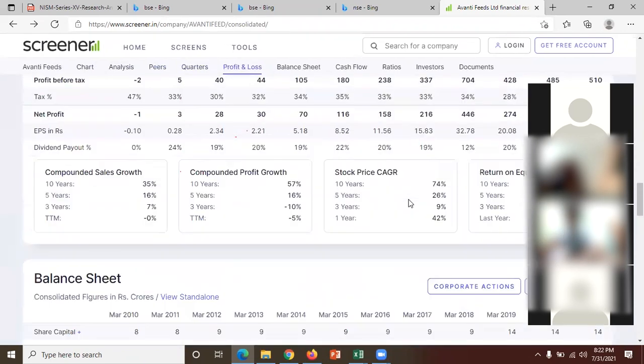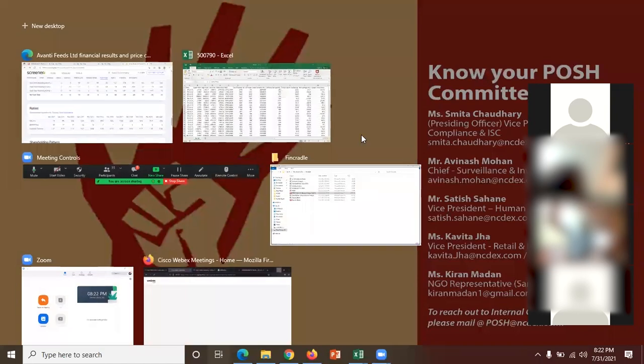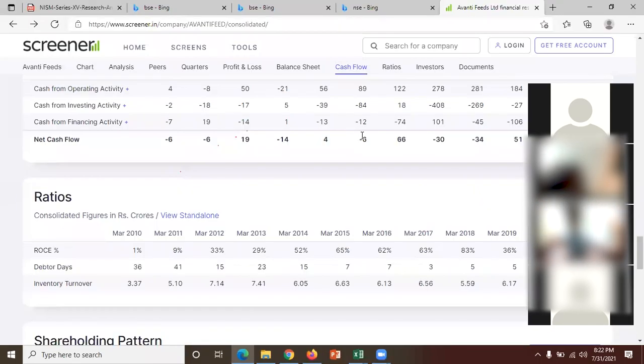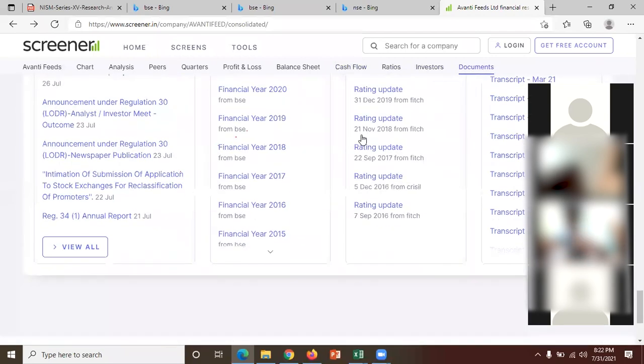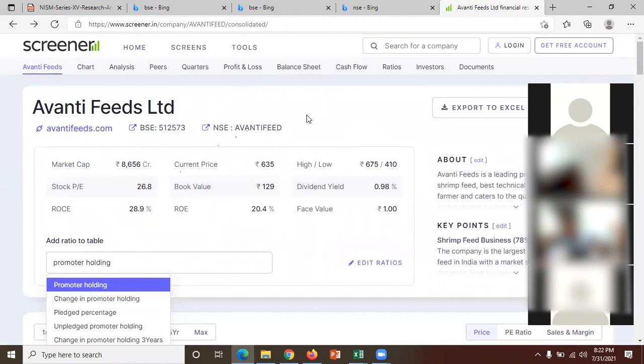Quarterly results, annual results, balance sheet, all the three financial statements you will get: the balance sheet, income statement, cash flow, and their shareholding. So just make your account and make yourself comfortable with all the tabs.